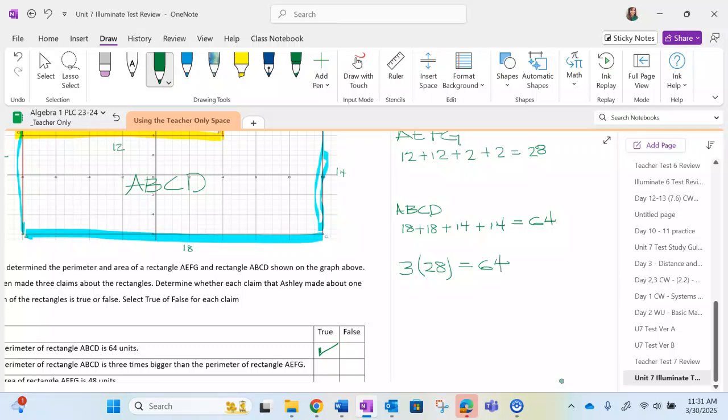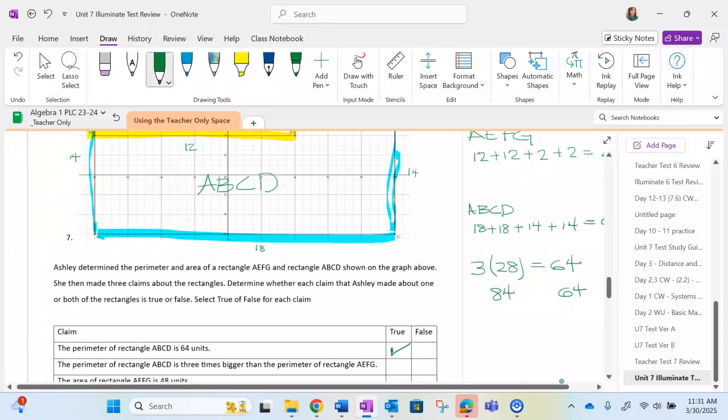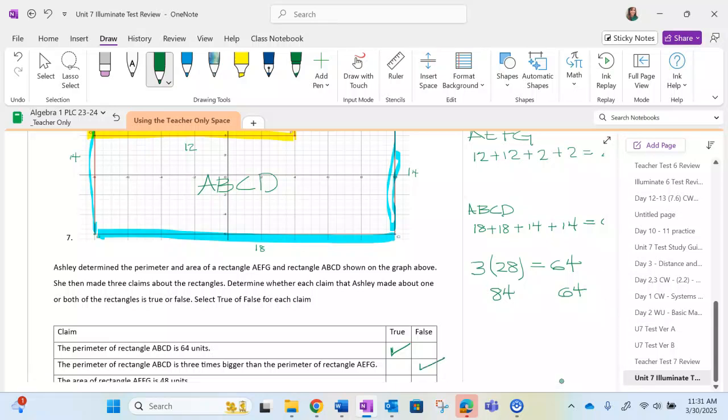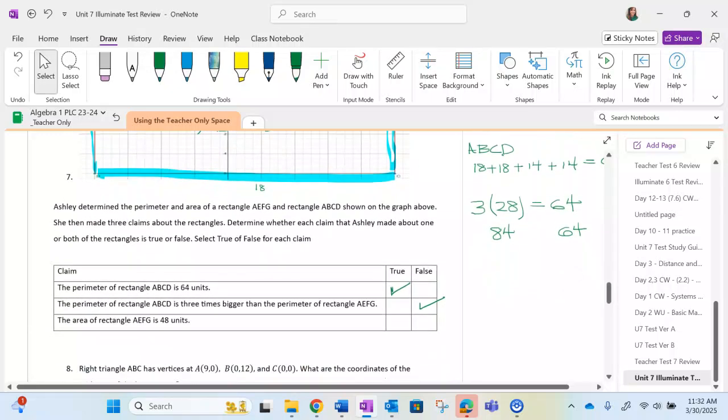Let's see. 3 times 28 is 84. This is 84. This is 64. So is rectangle AEFG 3 times bigger? No, it says rectangle ABCD is 3 times bigger. False.